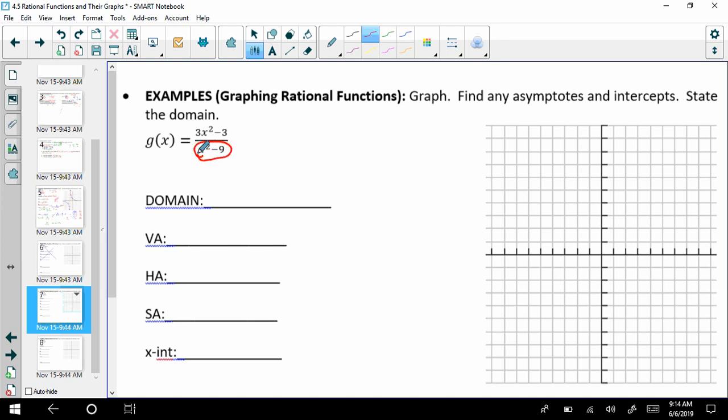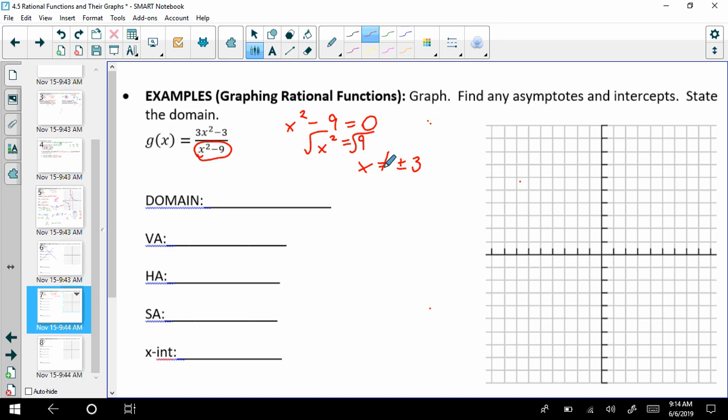So I'm going to focus on the denominator. And let's solve it. So I'm going to add 9. And then I'm going to square root. Make sure you have plus minus. So 2 numbers come out for x. So that means I'm throwing 2 numbers out.